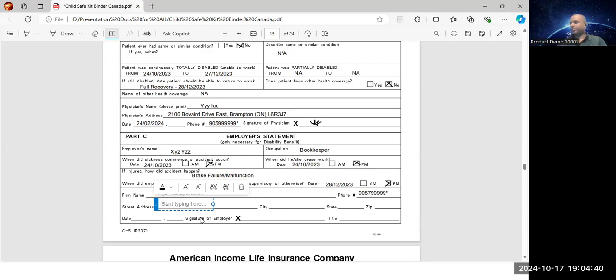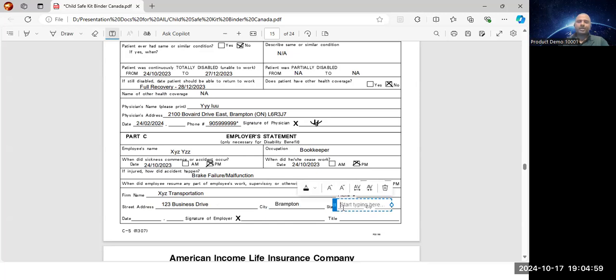So let's say this is 123 Business Drive. And the city, this will be Brampton, Ontario. The US state or province in Canada is Ontario, and the zip or postal code will be L6R 3K, whatever the last number is.